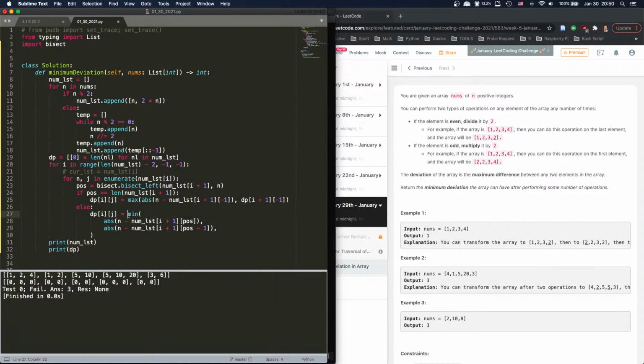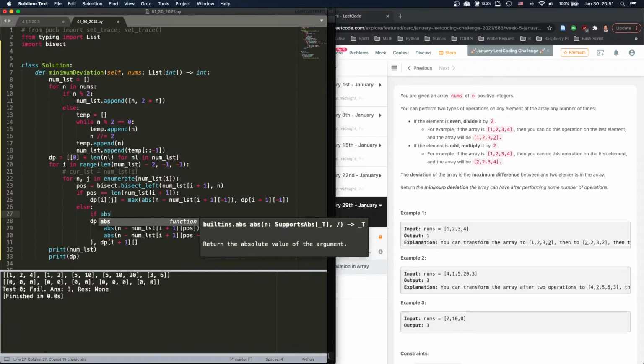And for this one, min of this and dp[i+1], and we choose, oh man, holy smokes, I need to know which one we choose. So we have a position, then we have position itself or position minus 1, and we need to know which one is closer. So we say if, man, this is not how I imagined it to be. If abs, actually, fine.